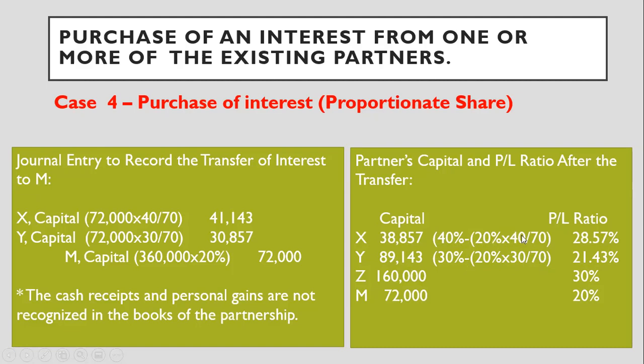So 20% times 40 over 70, deduct it from 40%. So the P&L ratio now of X is 28.57. And then for Y, 20 times 30 over 70, deduct it from 30% original ratio. Then he's now having 21.43%. Z remains at 30% and M will now have 20%. So a total again of 100%.